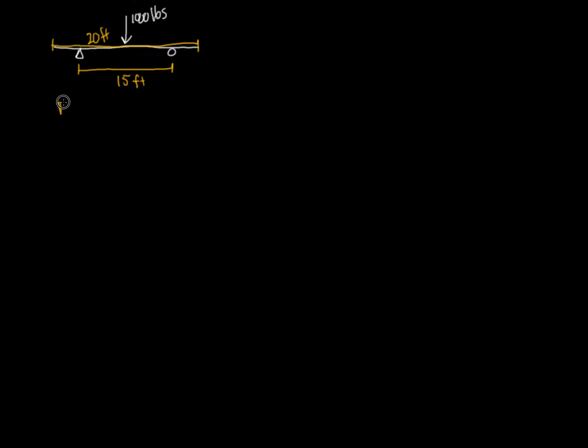We'll say the E is 1200, so 1.2 million, and the I we need to solve. It's a 2 by 10, we'll say, so that's 10 inches by 2 inches. Yes, I know if you know anything about construction or actual boards, a 2 by 10 is not actually 2 by 10, but we won't get into that discussion.